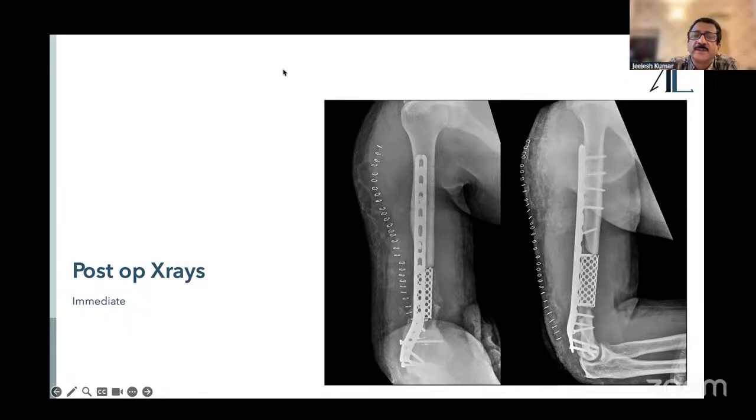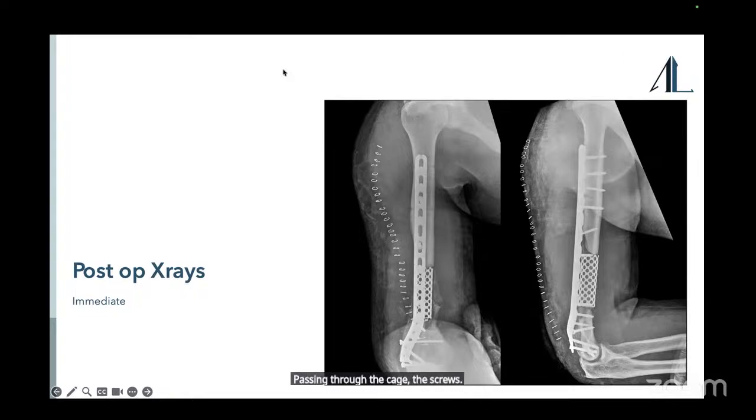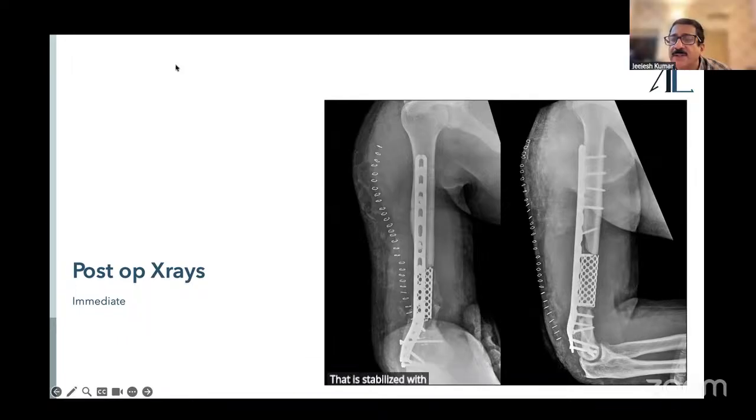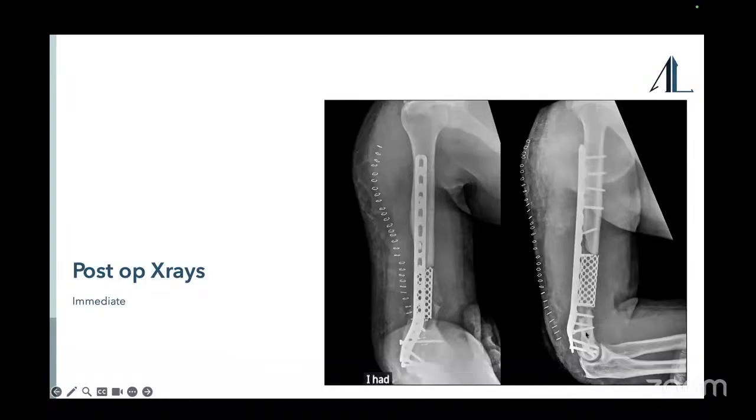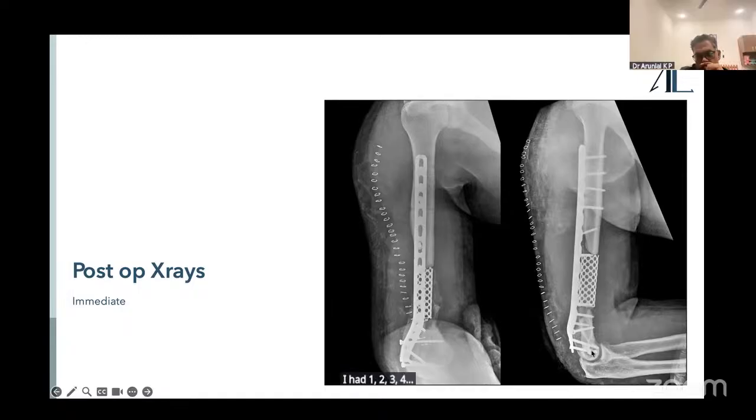Are screws passing through the cage? That is stabilized with the 2 screws, no? The cage is stabilized, sir. Okay, that's fine. But in the distal fragment, I had 4 screws on the plate and 3 screws for the intercondylar region.